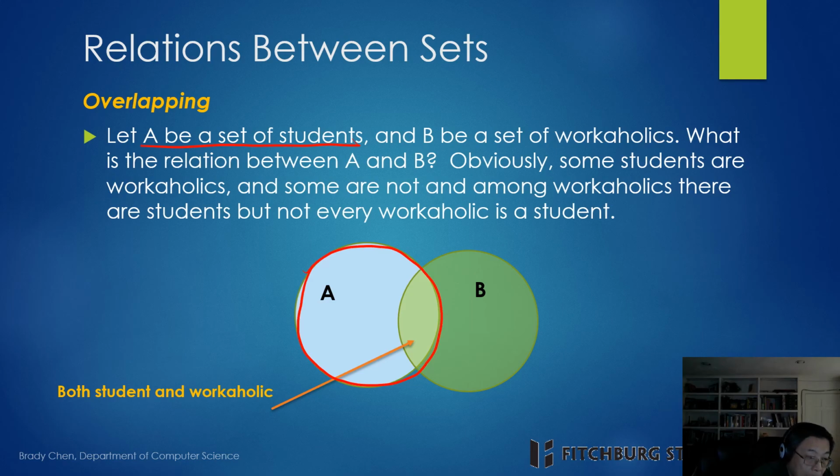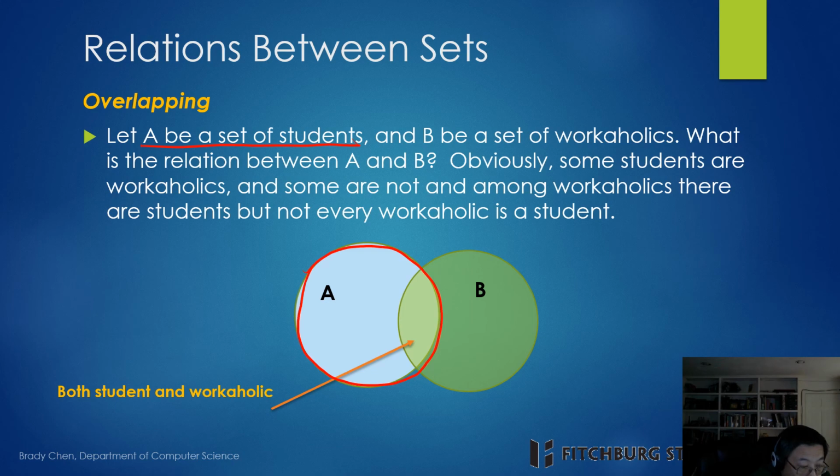Some of the students are workaholics, but not all the students are workaholics. So there might be overlapping between A, a set of students, and B, a set of workaholics. Among workaholics, there are students, but not every workaholic is a student.